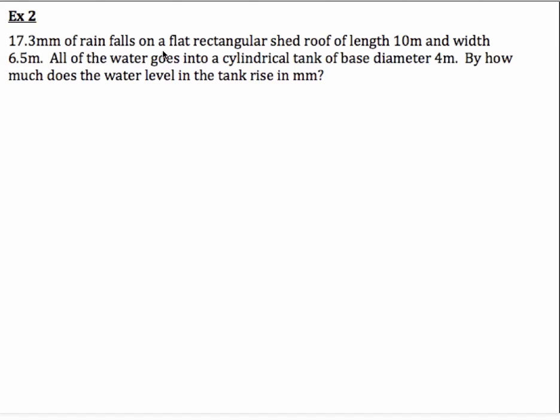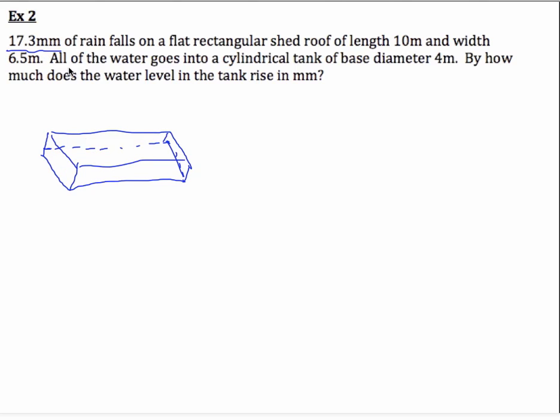17.3 millimeters of rain falls on a flat rectangular shed roof. Okay, so what that means, basically, is if 17.3 millimeters of rain falls into a rectangular container, even though it's not very much of a rectangle, then the height of the water will go up 17.3 millimeters.